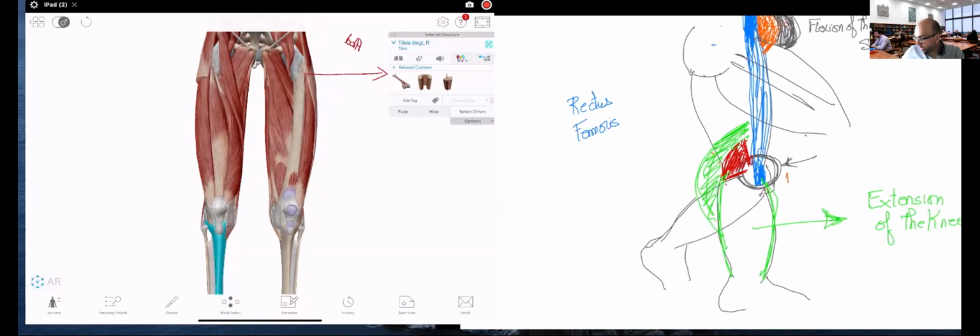And if I increase the angle of the joint, it's going to be an extension. So all four muscles perform knee extension except the rectus femoris, as it is the only one of the four traveling in front of the hip joint. It is going to aid in hip flexion.